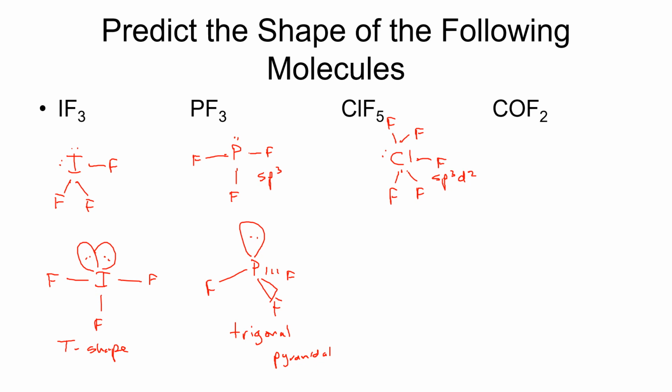So we need to have 1 lone pair. We'll put that at the bottom. And we're going to put our chlorine here and then fluorines all around it. And our shape for this molecule is going to be the square-based pyramid.